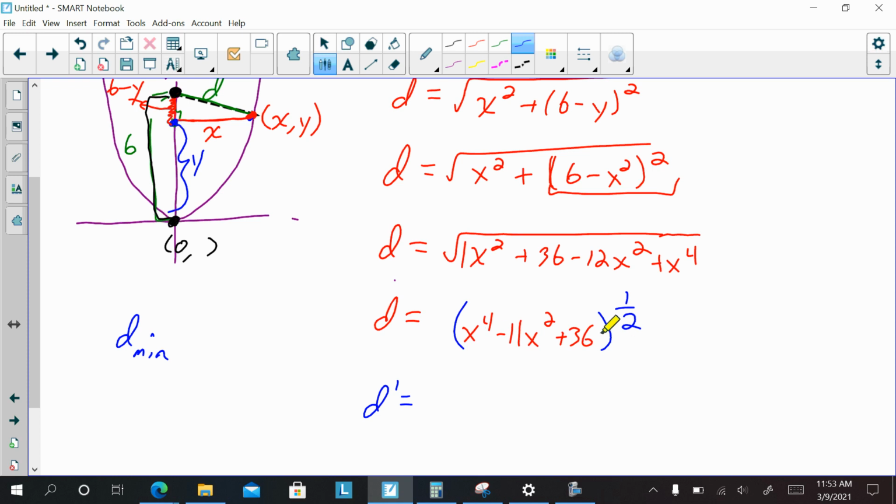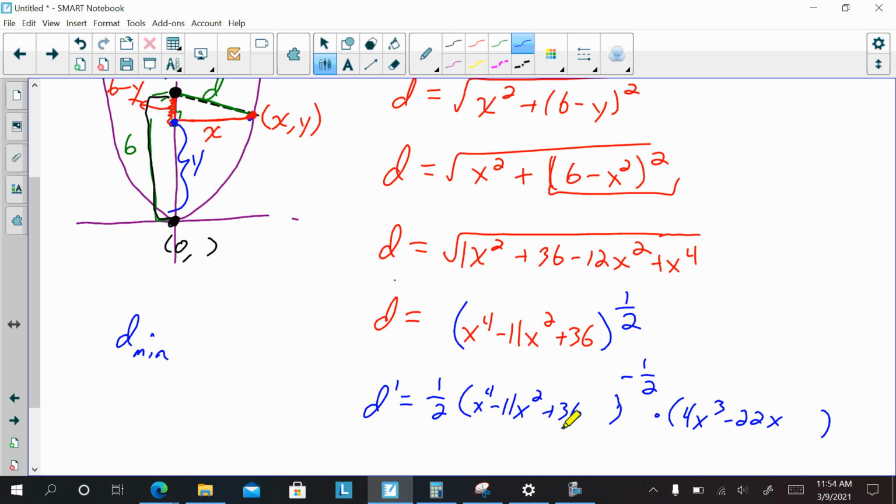So the derivative of this, we're going to have to use the chain rule. The outside function is a power, so we bring our power down. We do it to the 1 less power. We leave the function on the inside. And then we take the derivative of the inside and put it out here. So the derivative of the inside is 4x cubed. The derivative of the next term is minus 22x.